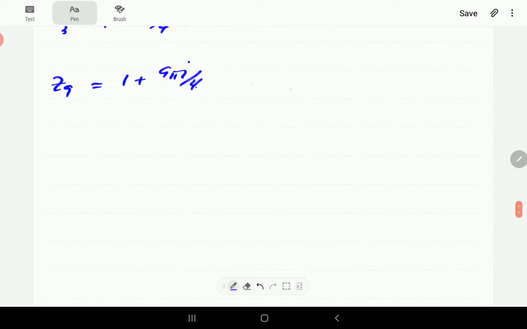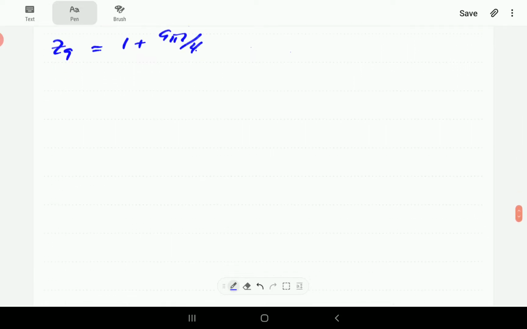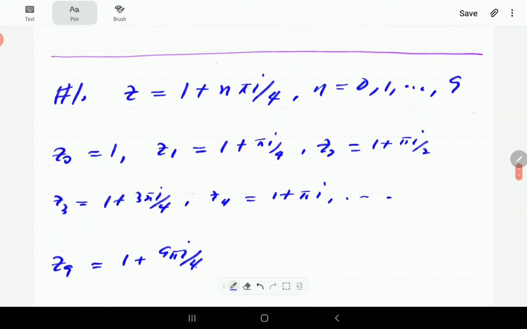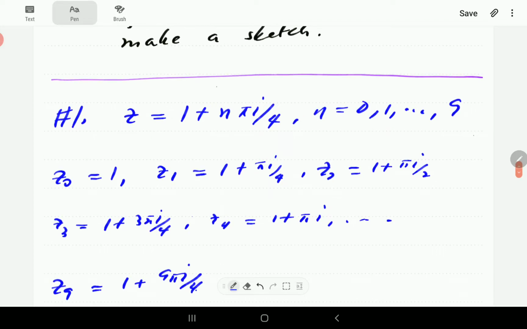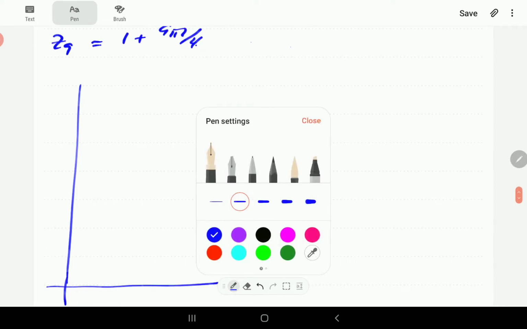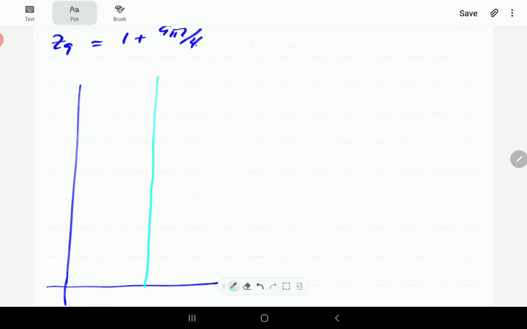What we're going to do is make a sketch, just plotting these complex numbers. All the complex numbers have a real part of 1. It's just the imaginary part that changes. So all of them are going to be along the line x equals 1, along this vertical line.